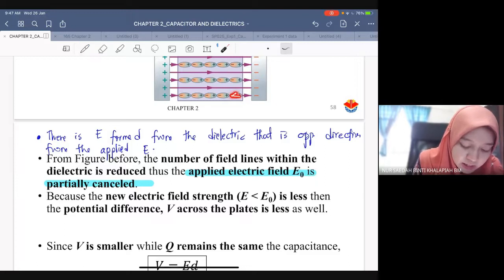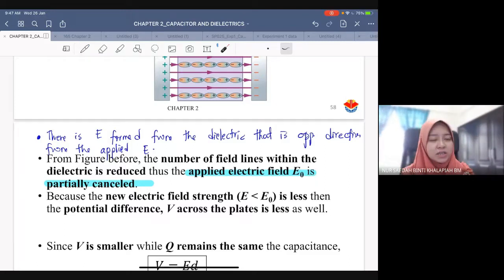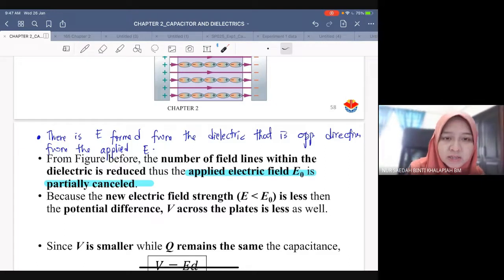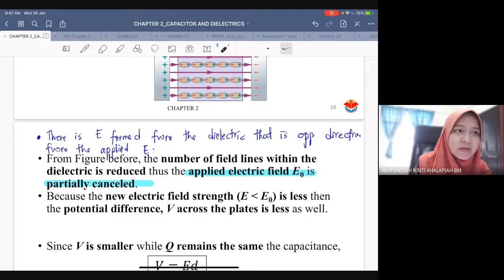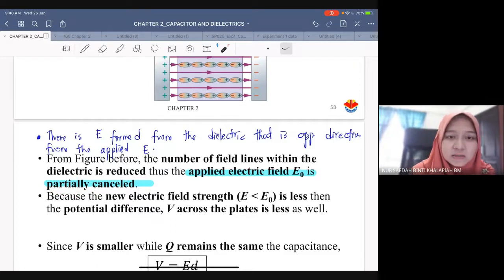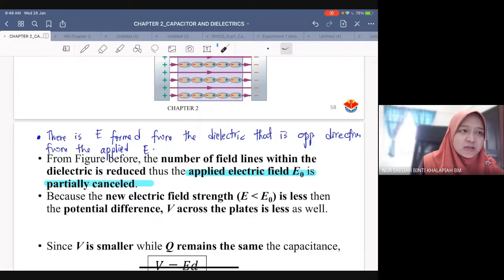Sebab madam kata dielectric ni directionnya ke kiri. So bila kita cari resultant, satu gerak ke kanan, satu gerak ke kiri, so resultant kita akan tolak. Sebab tu resultant kita akan partially cancel. Nilai electric field waktu itu akan kurang.